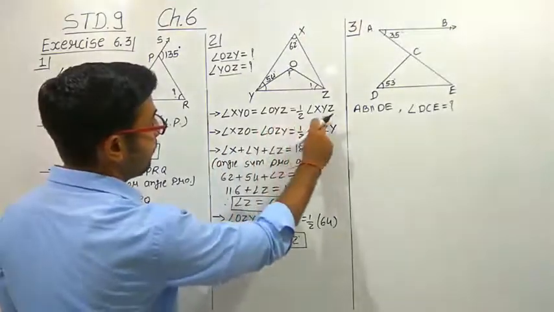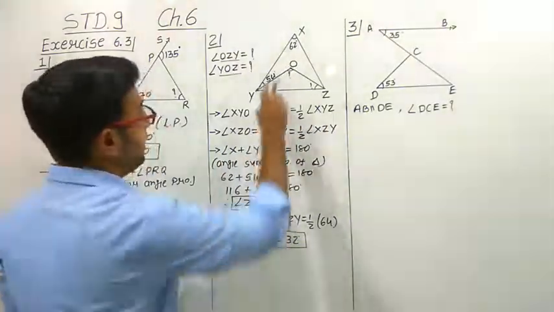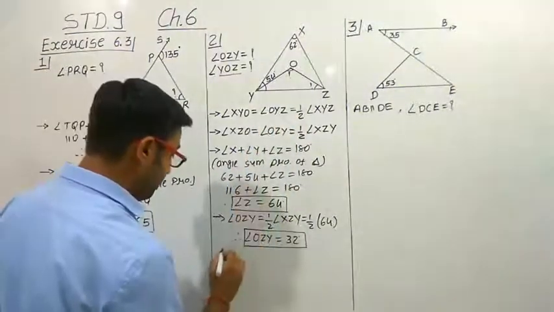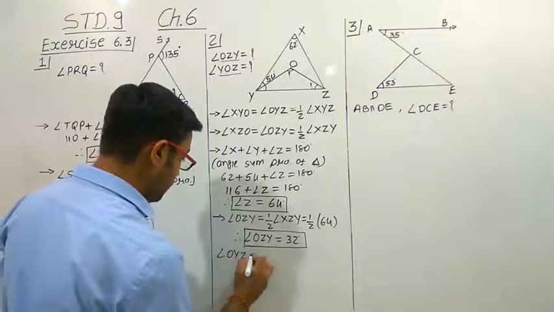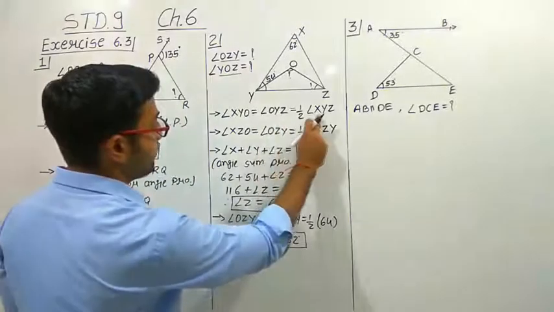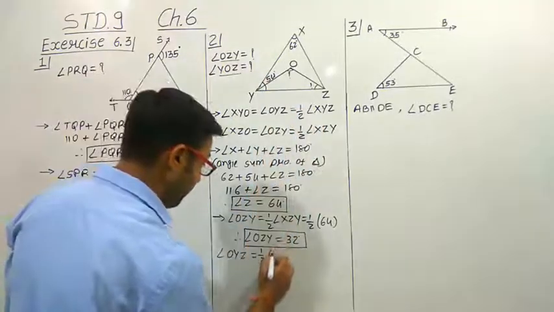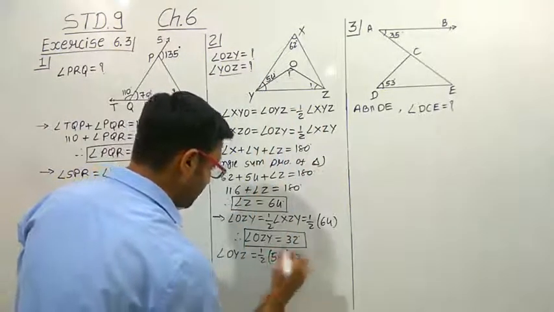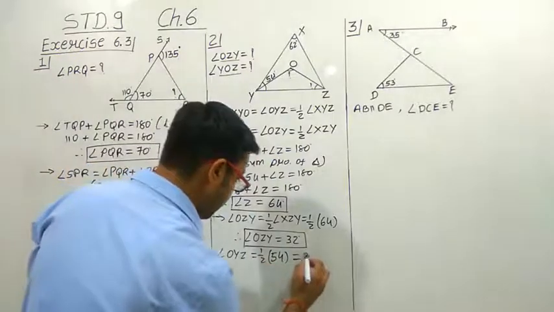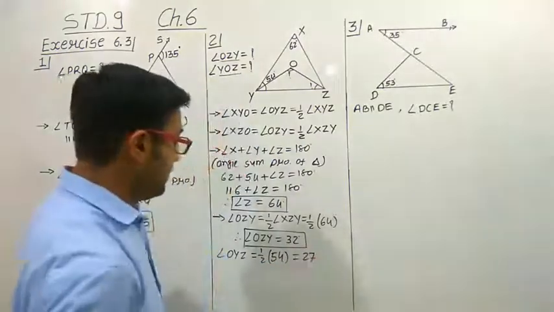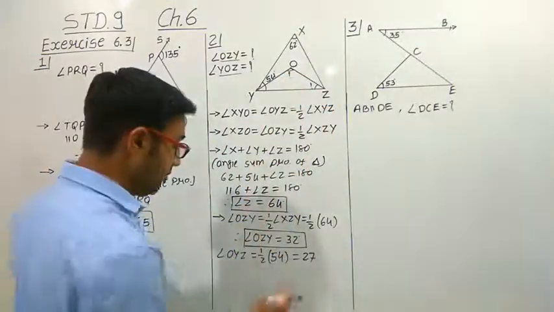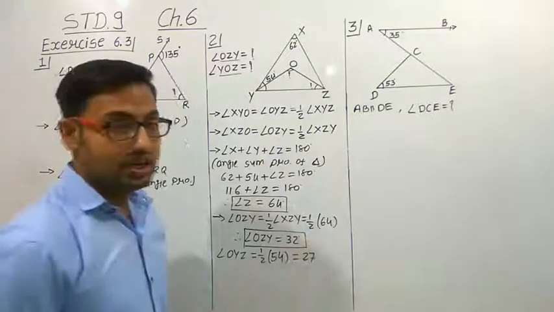OYZ will be 1/2 of angle XYZ, and XYZ is 54. So angle OYZ we get is 27. So now we have two angles of triangle OYZ: one is 32 and the second is 27.